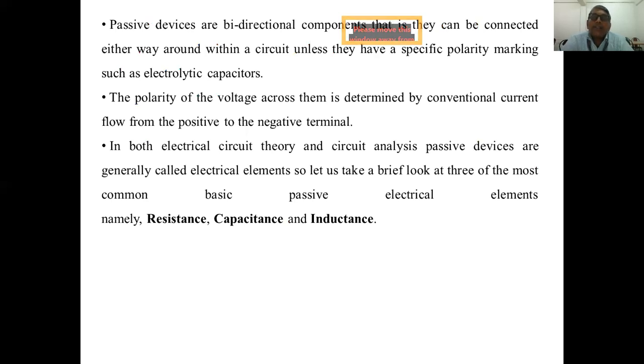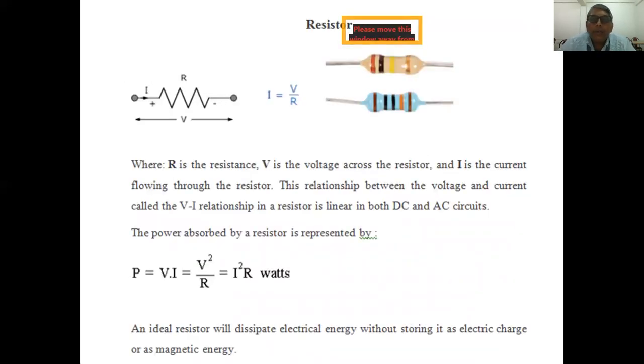Each one has its own unit, and this is a brief introduction of how to measure resistance, capacitance, and inductance. Coming to the resistor, the meaning of resistor is to resist the flow of current.